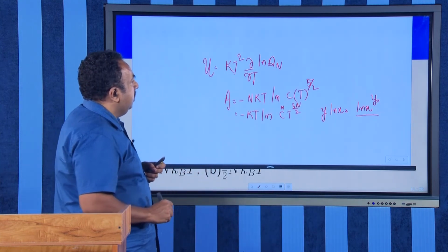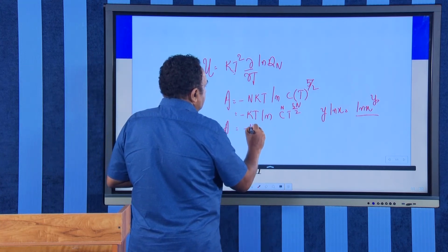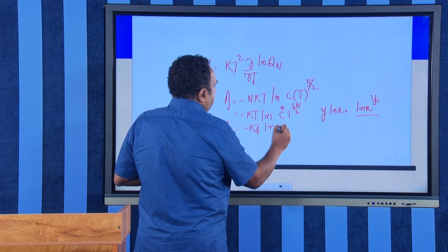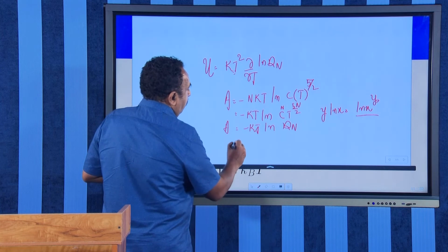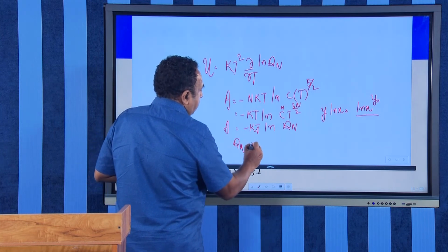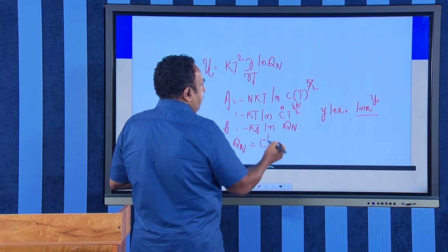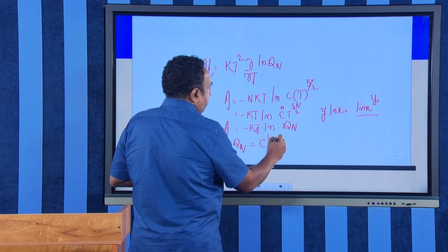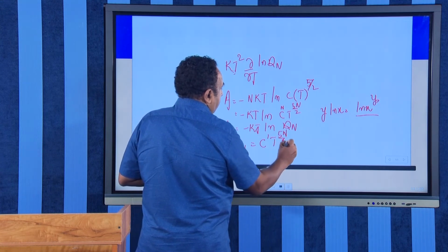Now, if you compare this with minus kT log Qn, your Qn is now some constant, I will call it C prime, that is C raised to n, times T raised to 5n by 2.